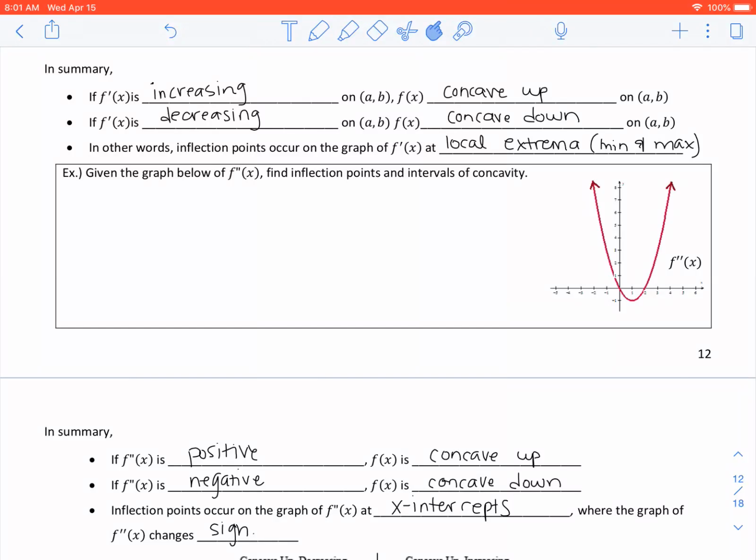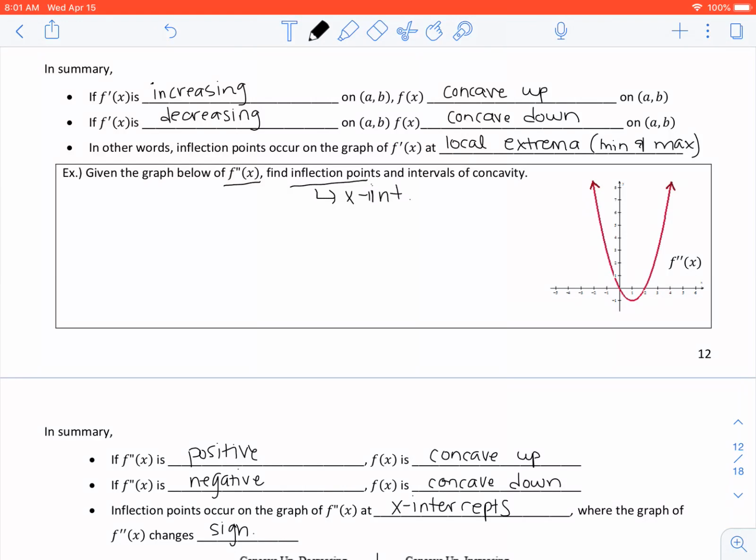There's an example next that says, given the graph below of f double prime, so second derivative, find inflection points and intervals of concavity. So we are given a second derivative graph. So your inflection points are where that second derivative would equal 0, which are going to be your x-intercepts.